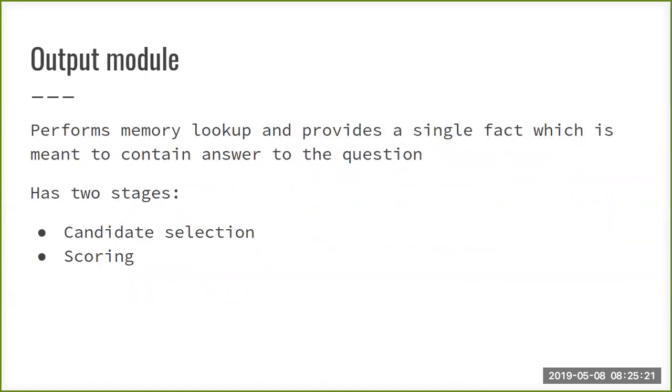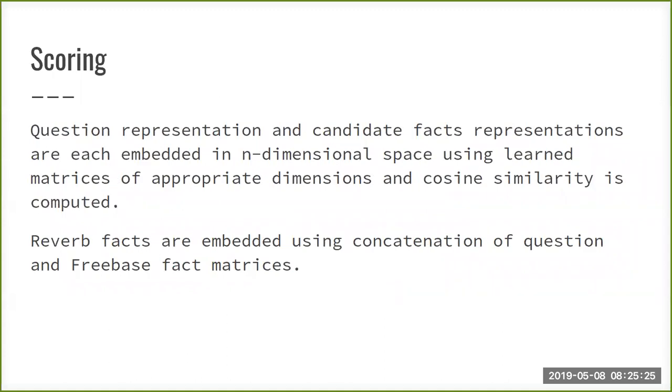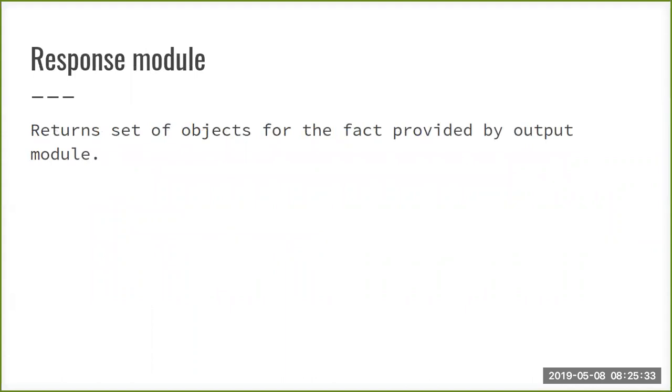So for embedding the ReVerb facts, they concatenate those 2 matrices and use that as a matrix to actually do embedding. Well, in the response model here, it will take this highest score output and just take the objects from that and return the objects.